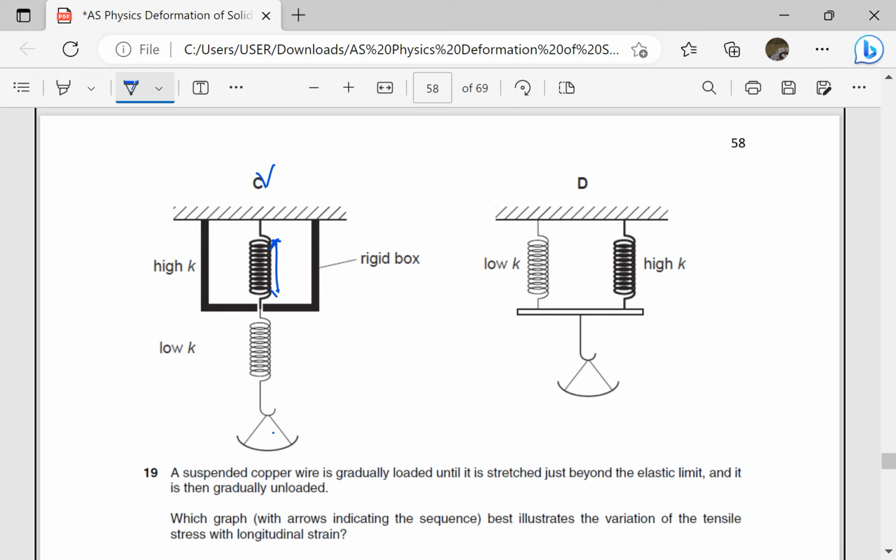Even here, when I put these in parallel, the total constant is twice k. The extension becomes very small, a half of the extension of one if they were identical, but note that they are not identical. So the extension is going to be very small, and remember, the extension is going to be dictated by the stiffer spring. Therefore, this one will not also work.